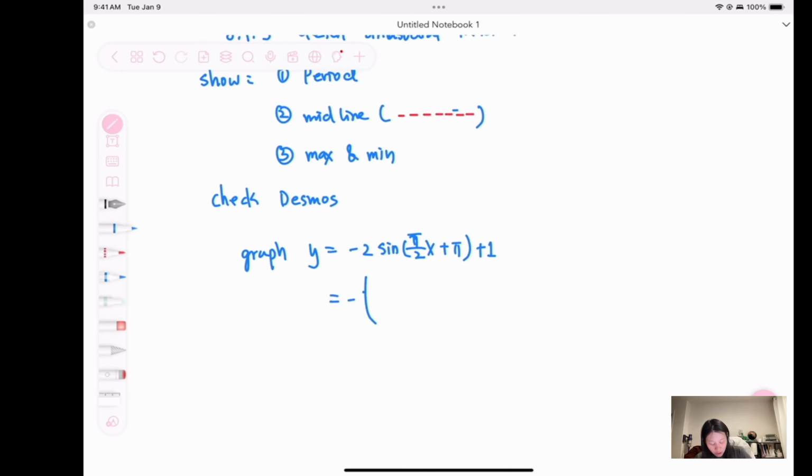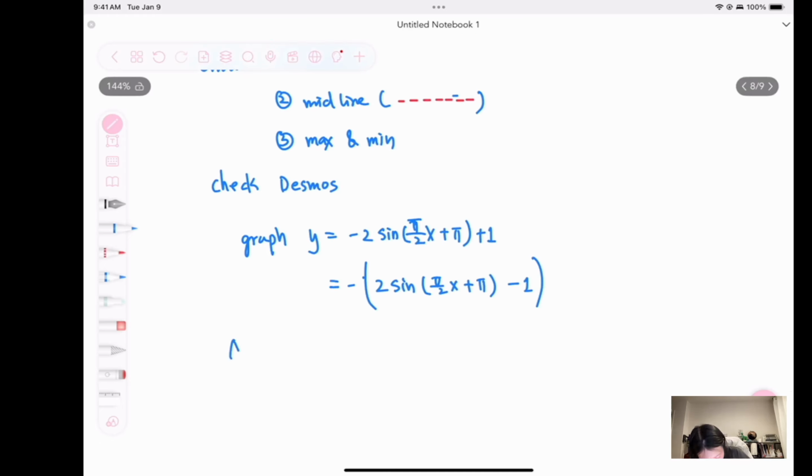So the first part is you want to factor out the negative, so you will have a better grasp of the sinusoidal equation. So here's the actual equation. We got A equals 2, B equals pi over 2, C equals negative pi.